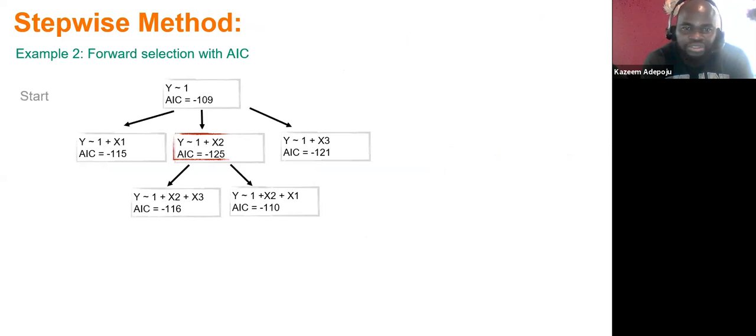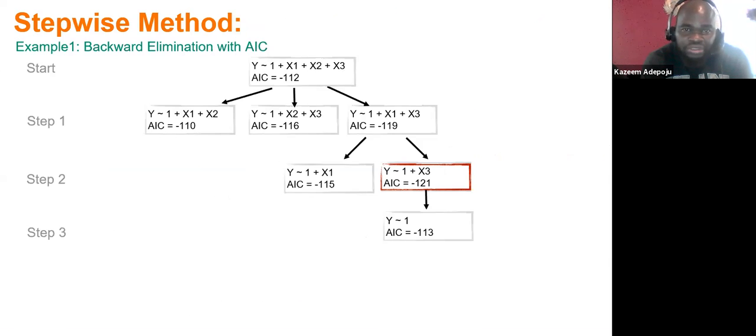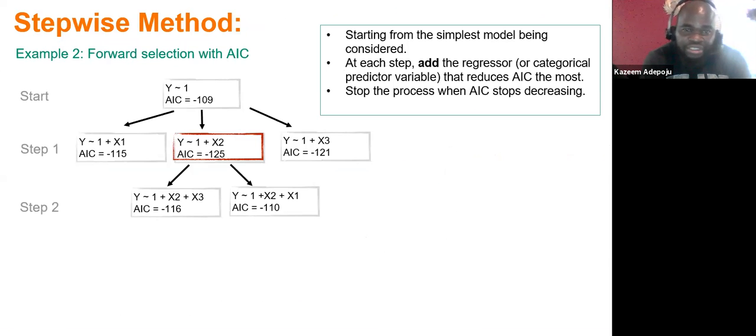So on the forward again, of course, you can see that I have to stop right here, because when I attempted to add x2, I added x3 to x2, and I added x1 to that. I computed the AIC, and the AIC is even bigger than this, and that's why we're going to stop right here.